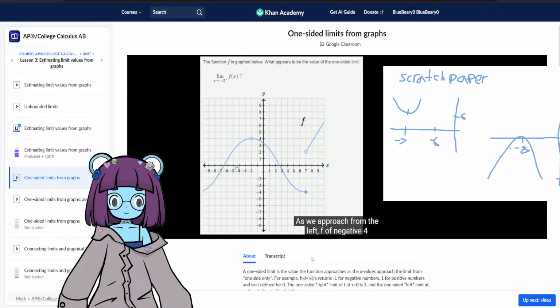So that one should be from the left, so it will be 4. Yes, it is equal to 4.